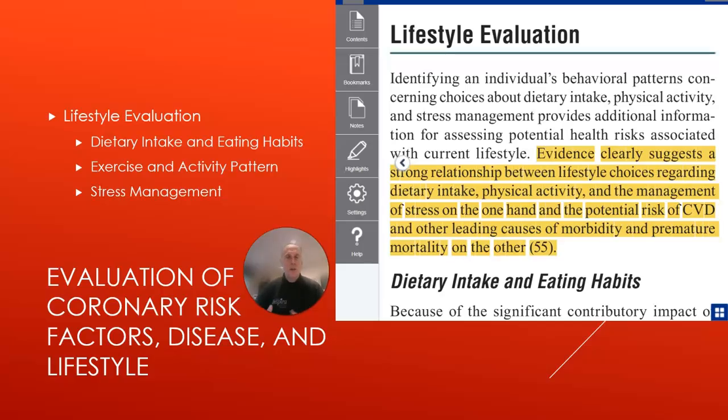So with a lifestyle evaluation, oftentimes you'll see dietary intake and eating habits, perhaps how they normally would exercise, and stress management. I'll say this, there's a relationship between many of the choices we make, whether it's what we eat, how much we move or don't move, and how we manage stress.